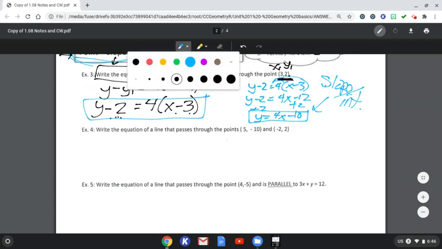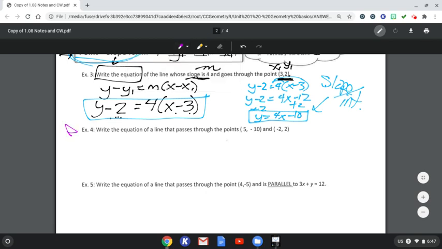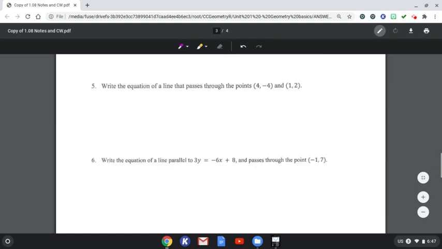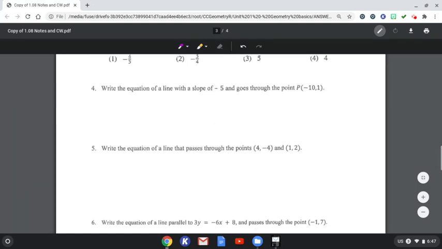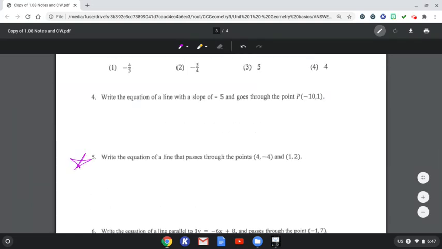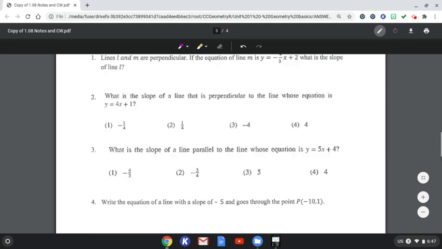So reading exercise 4. Write the equation of a line that passes through the points 5, negative 10, and negative 2, 2. Now there's a question or two like these on your classwork today. So if I just scroll ahead to classwork, write the equation of a line that passes through two ordered pairs.